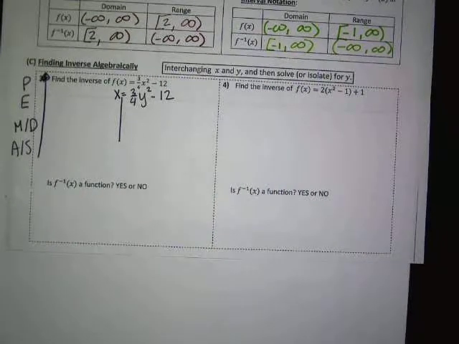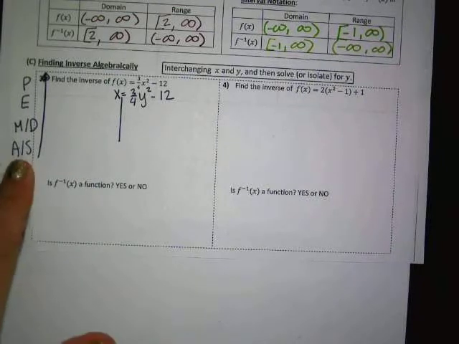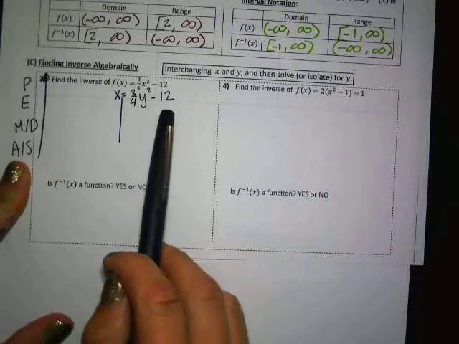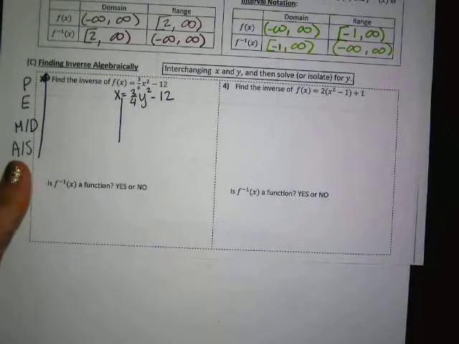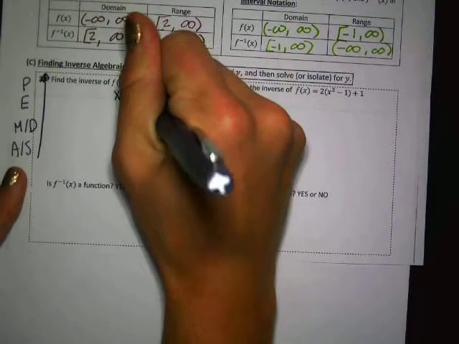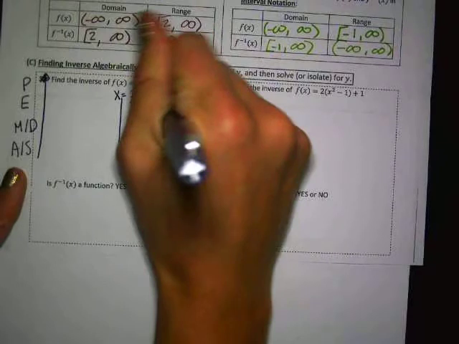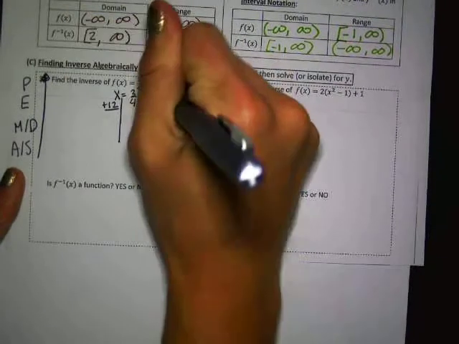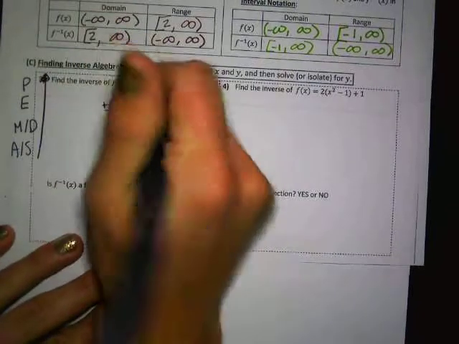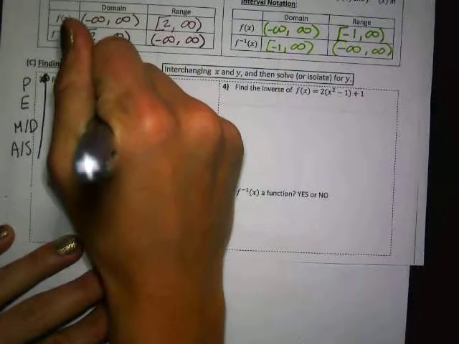So you're going to ask yourself, on this side, because we're trying to get y by itself, what are we adding and subtracting? The 12. So I am going to add 12 to both sides, because that's what I get rid of first. Now you can't combine x plus 12, so you just write it as x plus 12.